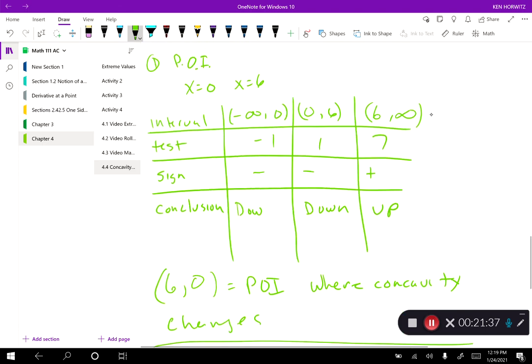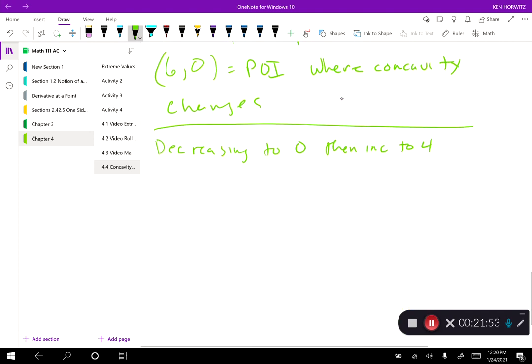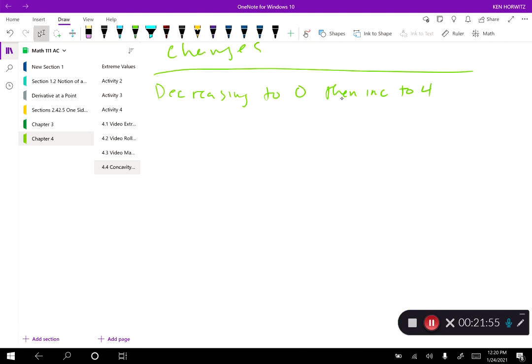But if I keep scrolling up and down, it's going to drive me nuts. So I just want to take what I need to know out of my earlier notes and organize it. Between 4 and 6, I'm going down, and 6 to infinity, I'm going down. So from 4 to infinity, I am decreasing.